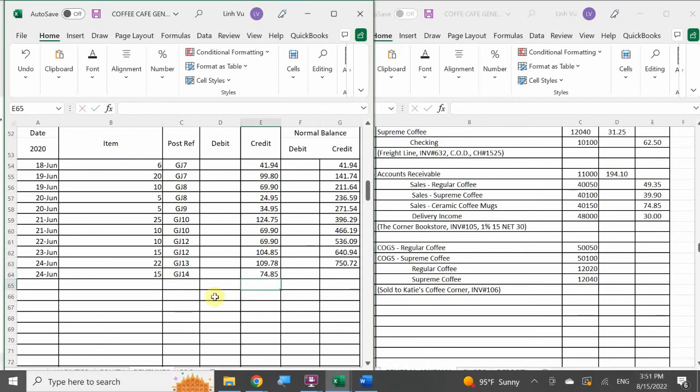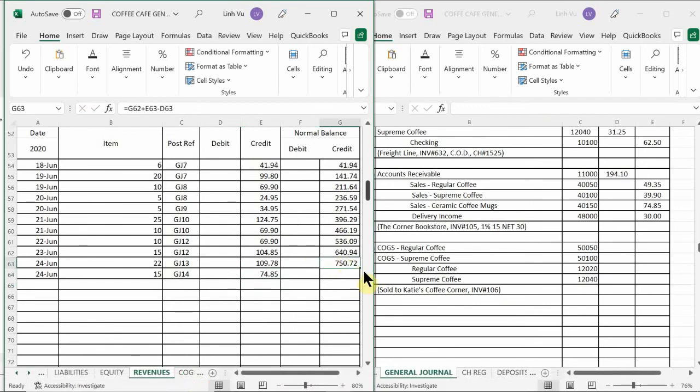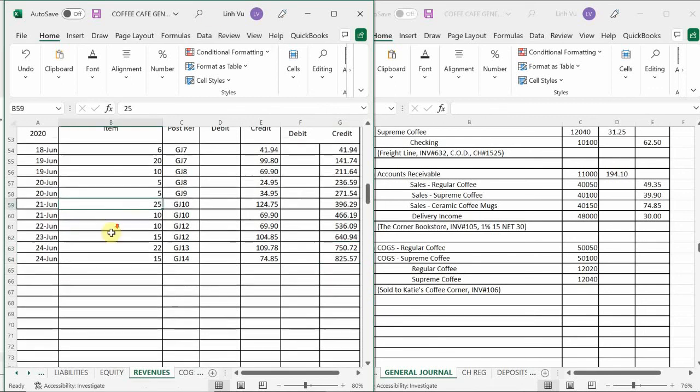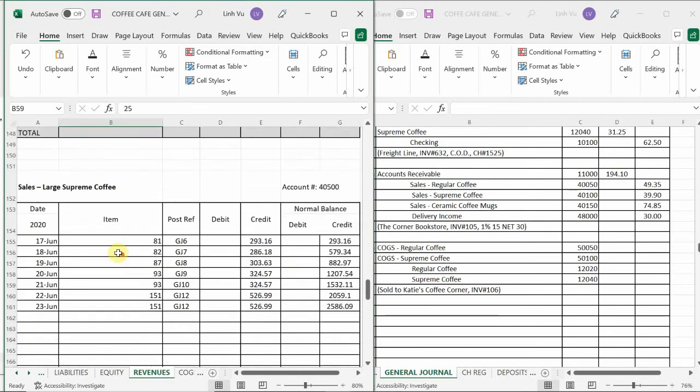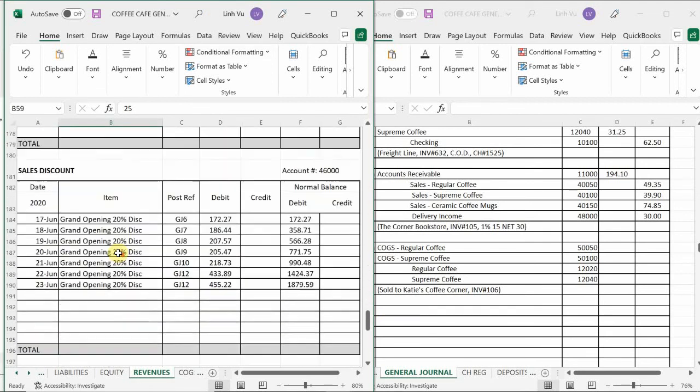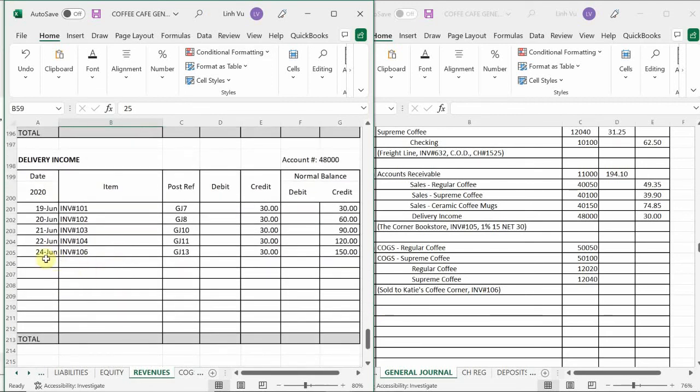Make it 825.57. Good. Now we can go to the delivery income. And it's another $30 for the grand total of $180 on page 14.